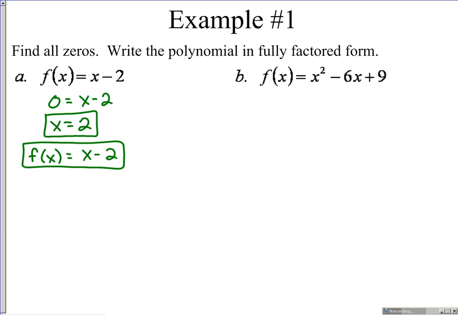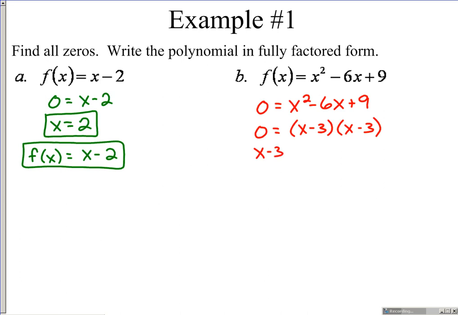Letter B, do the same thing. Plug in 0 for y. Quadratic equation now. We can factor or use the quadratic formula. This is factorable. We can set each of those factors equal to 0. And we can see we're going to get the same solution from each factor, x equals 3.